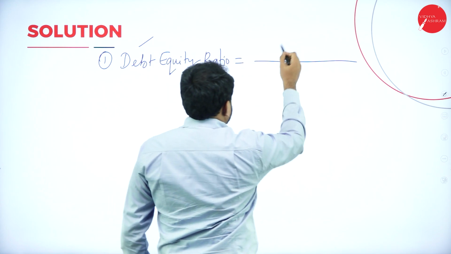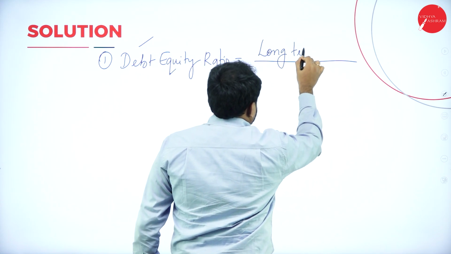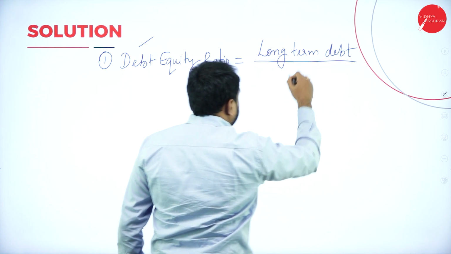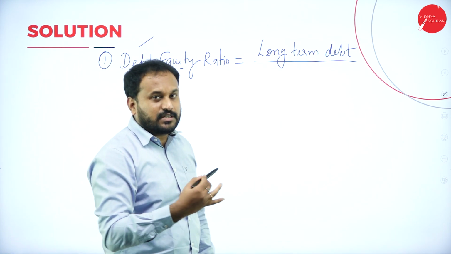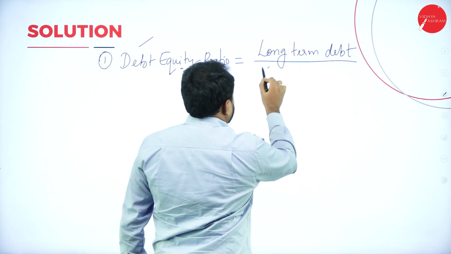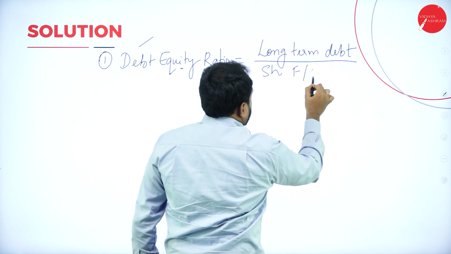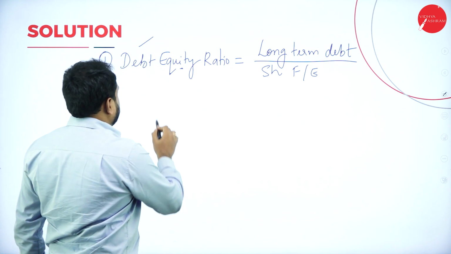So debt in the sense we'll write here long term debt divided by, now we have equity. Now equity in the sense what? Shareholders fund or equity. What is this long term debt?